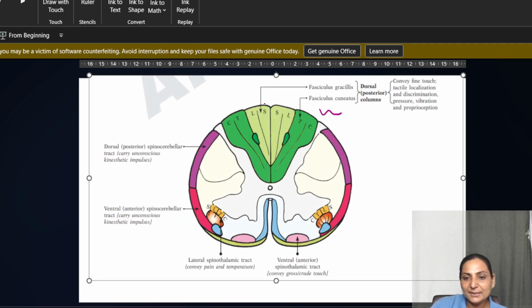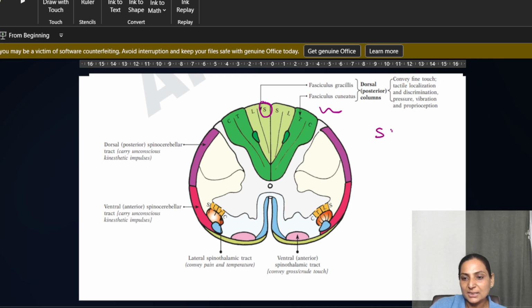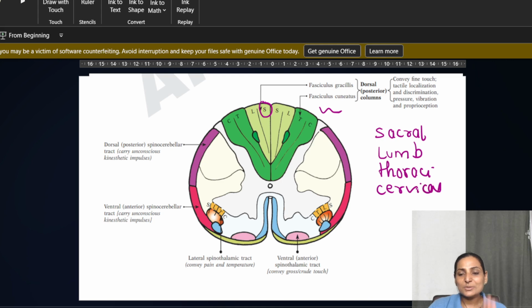Most medially there are sacral fibers, then lumbar, then thoracic, and last is cervical. So from lateral to medial, it will be cervical, thoracic, lumbar and sacral. CTLS from lateral to medial, and this is a very important basis of your MCQ.